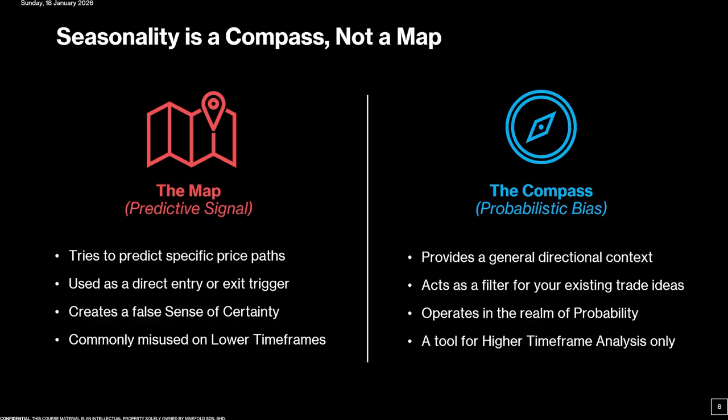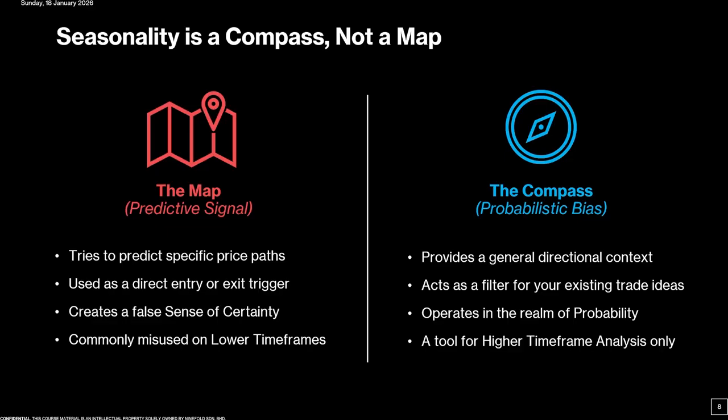And to top it all off, it's very common for retail traders to utilize seasonality within day trading. So they utilize it as a way to frame their bias on lower time frames intraday, and in order for them to scalp.